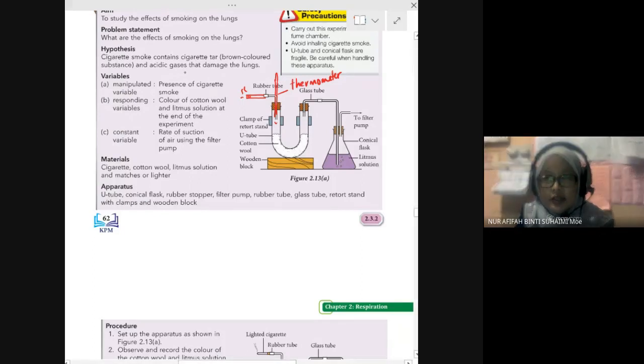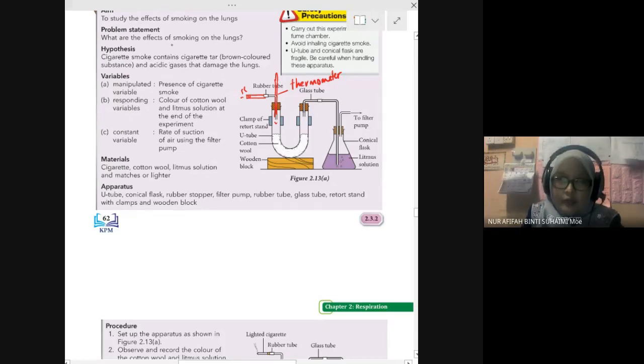So, we put it as the hypothesis and then we investigate this hypothesis either it is correct or not. That's why we carry out experiment because we have a hypothesis to be investigate or study. Okay, so our variables, we have 3 variables. Ini benda ni sampai SPM variables ni.